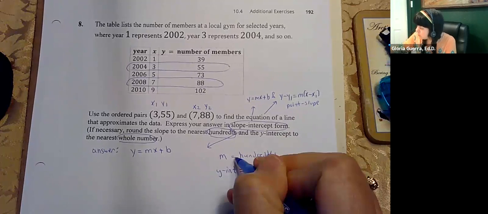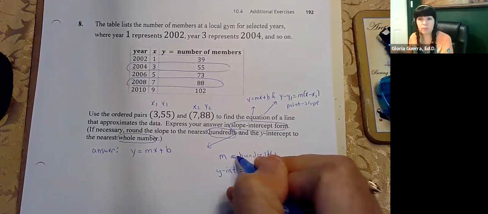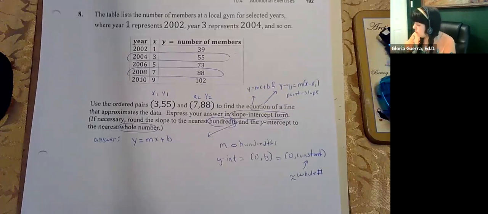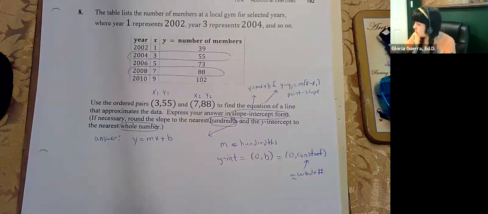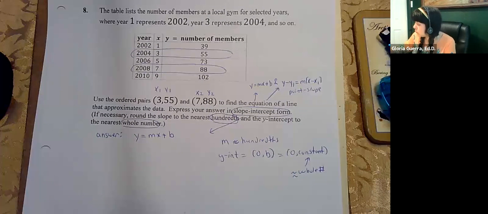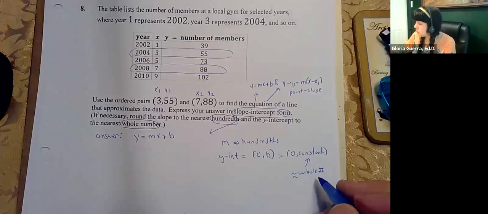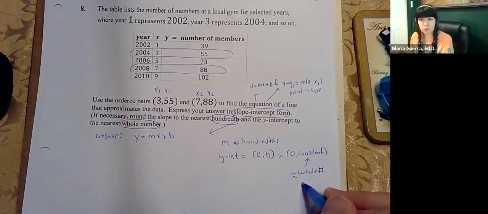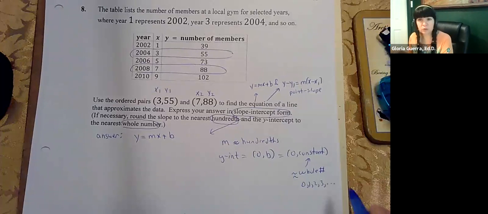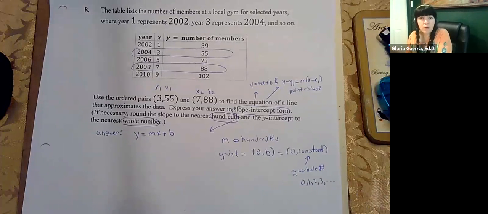This one's hundredths, this one's whole number. Whole numbers are like 0, 1, 2, 3, and so on. Whole numbers start with 0.